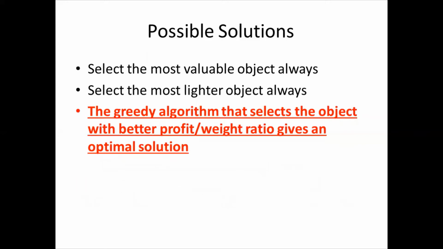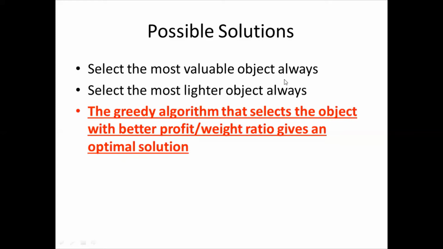So what are the different ways in which we can find an optimal solution for this problem based on greedy design? One of the first and most obvious choices would be to select the most valuable object always.